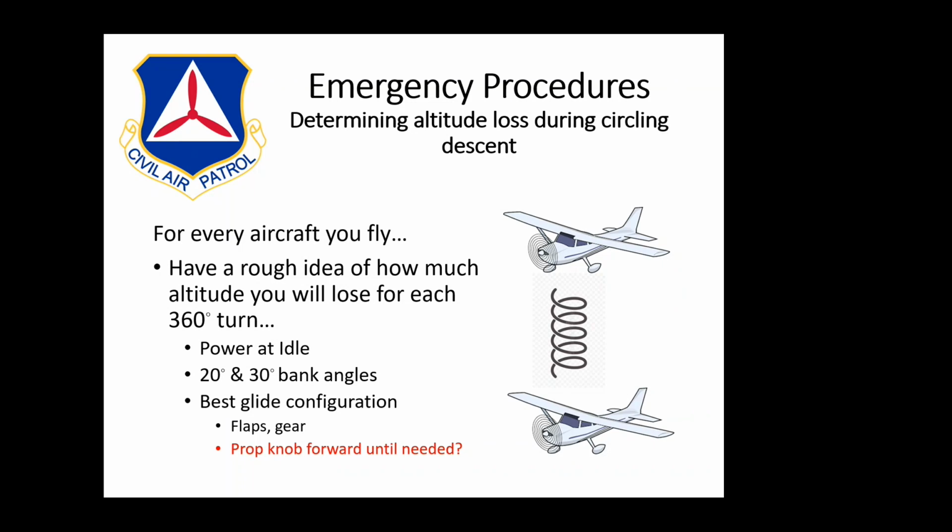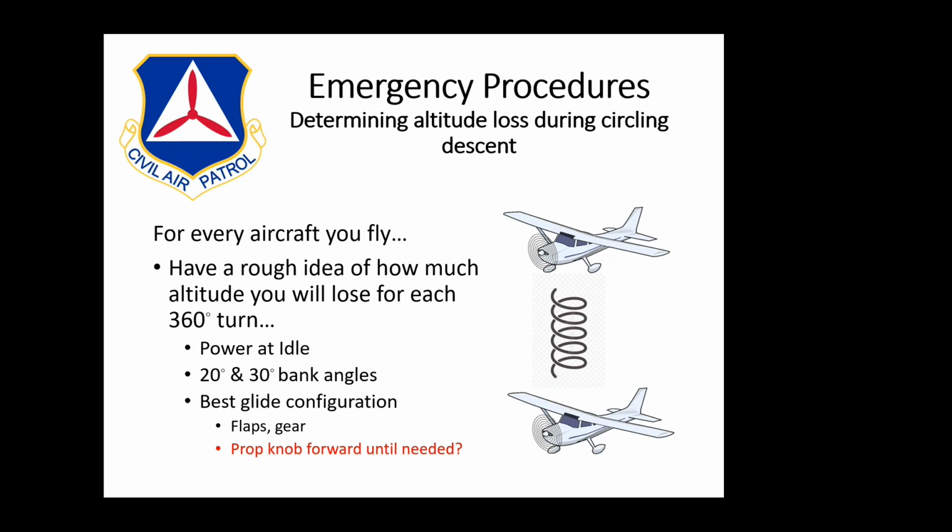Talk more about it, but keep in mind that as you turn around from downwind to upwind, it's going to obviously take you longer to get back where you started from. Whereas if you maintain your position, you can use these numbers to figure out how much I actually lose. This turns out to be a fun experiment because most people, if they haven't done it before, don't really have an idea.